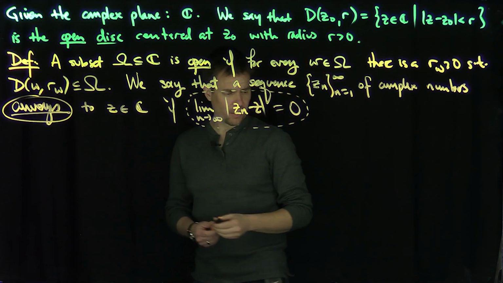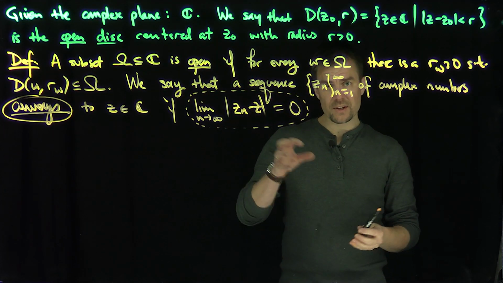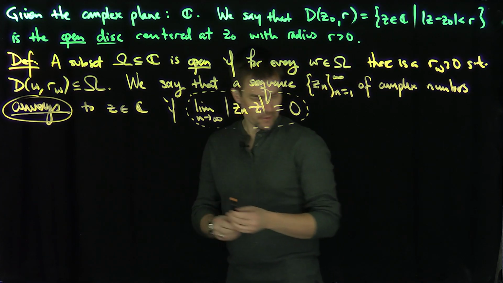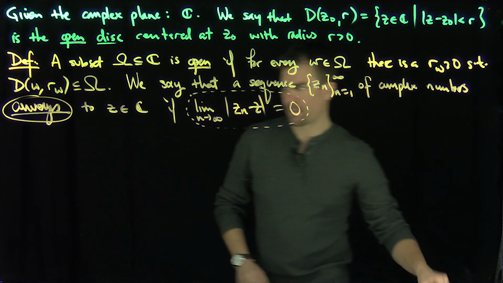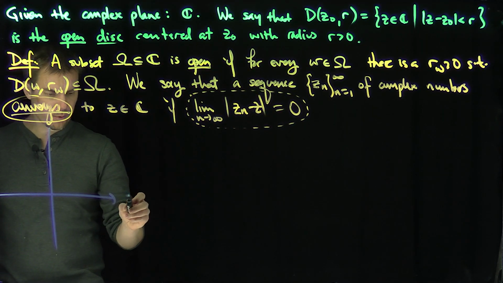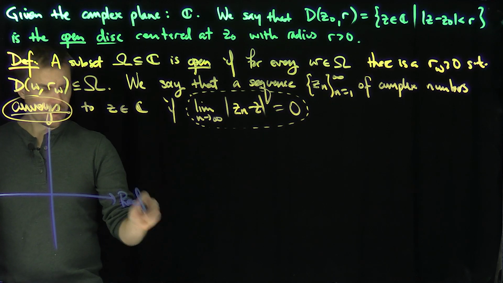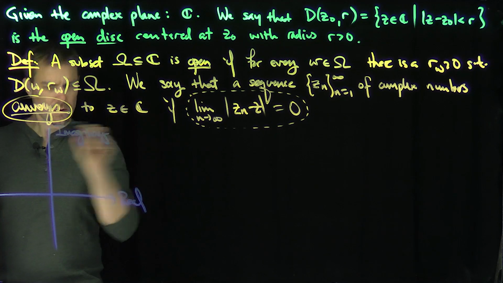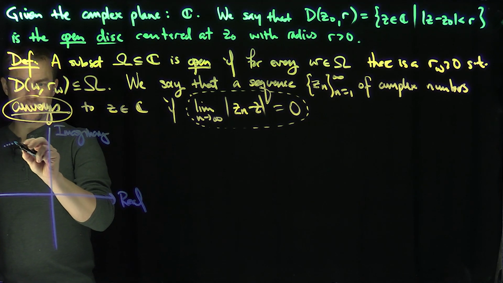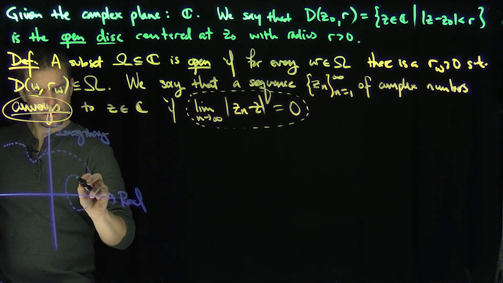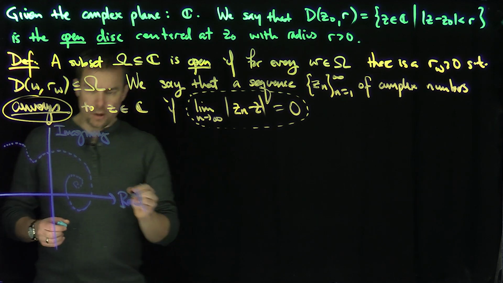What this means is that the points z_n go within any arbitrarily small ball around z. If you have the complex plane, here's the real axis, here's the imaginary axis, and here's your sequence of points z_n, they get closer and closer to z.